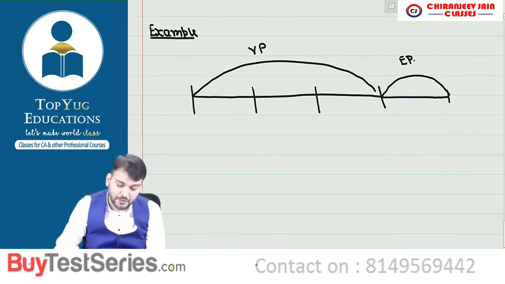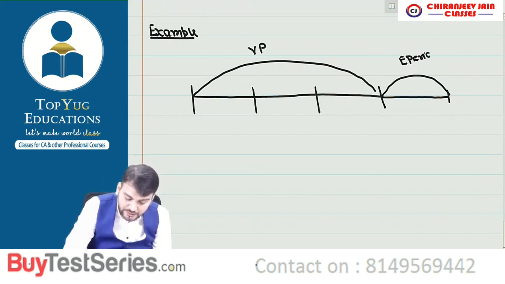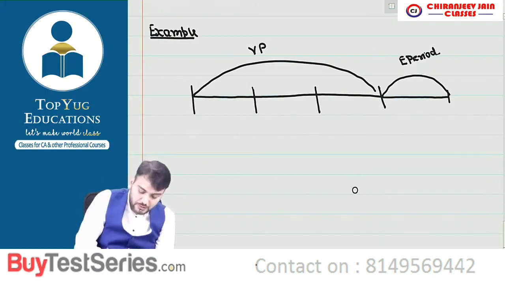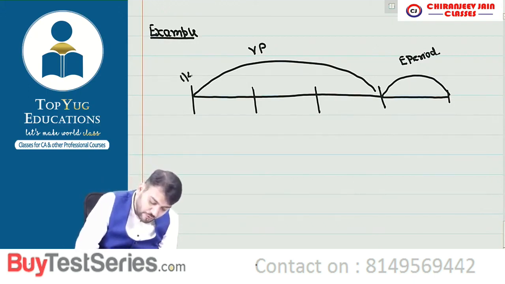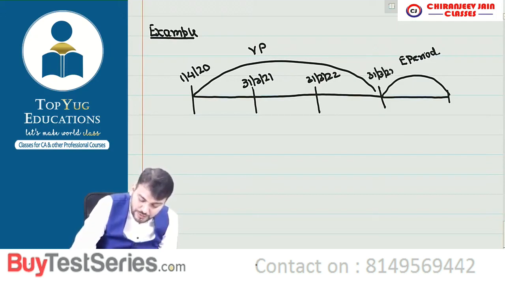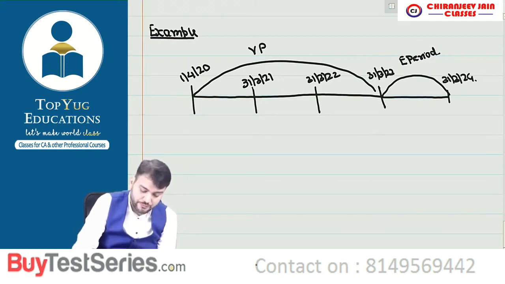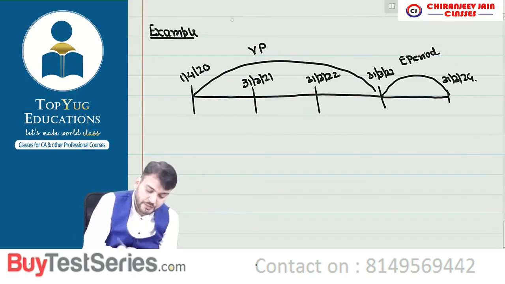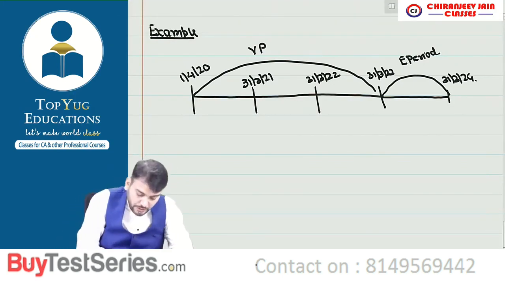Correct? This is exercise period, not exercise price. Then this is 1/4/2020. This is 31st March 2021. This is 31st March 2022. This is 31st March 2023. This is 31st March 2024. Correct? Understood?